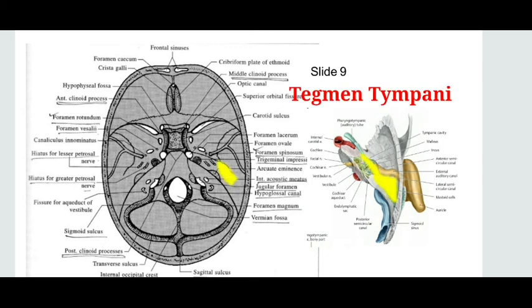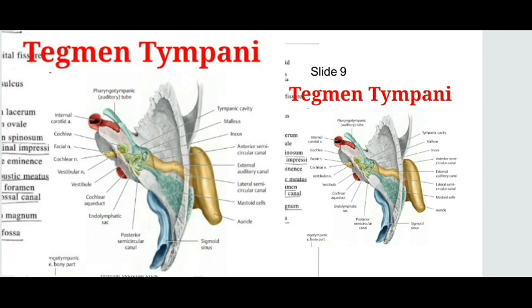Next is the tegmen tympani, which is a thin plate of bone anterolateral to the arcuate eminence. It forms a continuous sloping roof for the tympanic cavity, mastoid antrum, and also for the canal for tensor tympani.